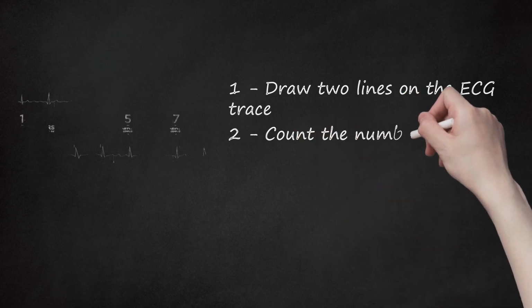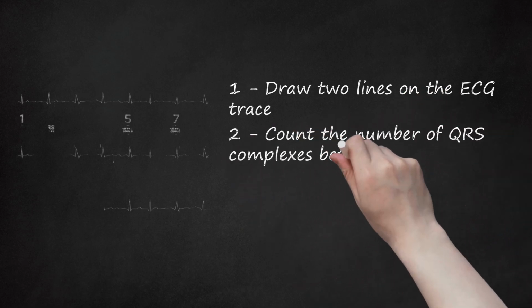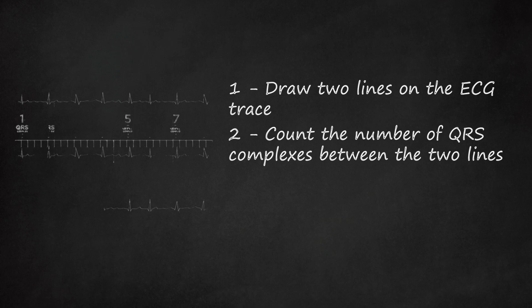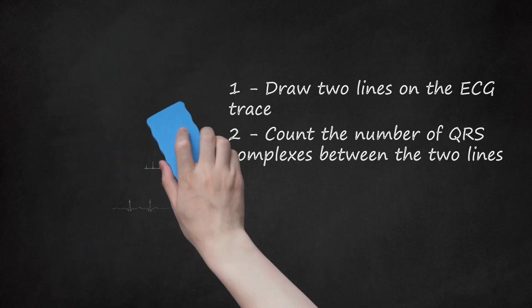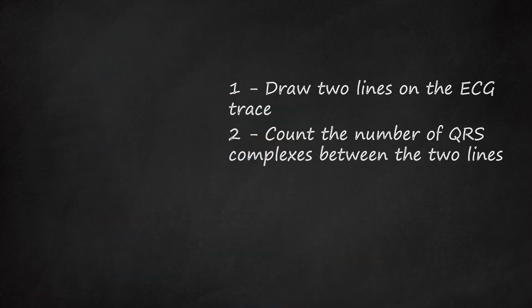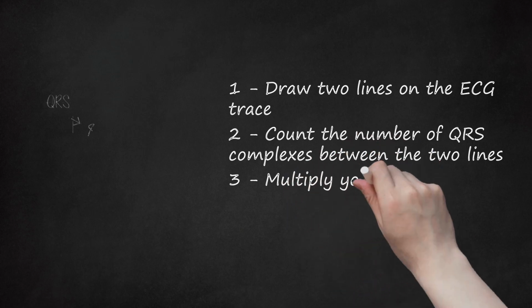2. Count the number of QRS complexes between the 2 lines. As a reminder, the QRS complex is the tallest peak of each waveform that represents 1 heartbeat. Tally up the total number of QRS complexes between your 2 lines and write down this number. 3. Multiply your answer by 10.